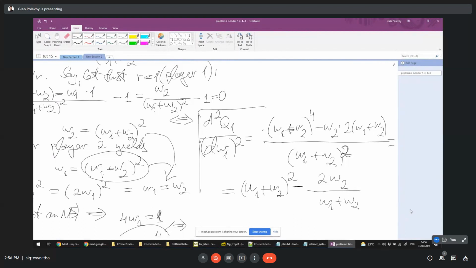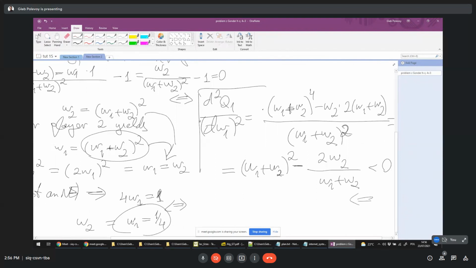And then I want to show that it's negative. When is it negative? I forgot to check this. Let's hope it works. It's negative if and only if I move that to the right, multiply by W1 plus W2, and then we get W1 plus W2 to the power of 3 is strictly smaller than twice W2.